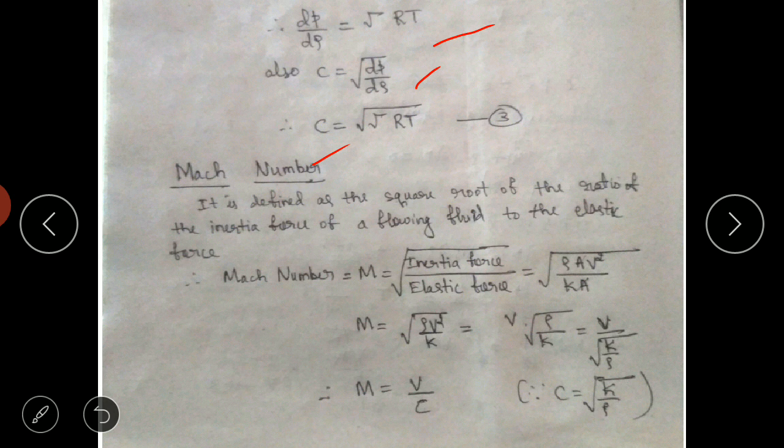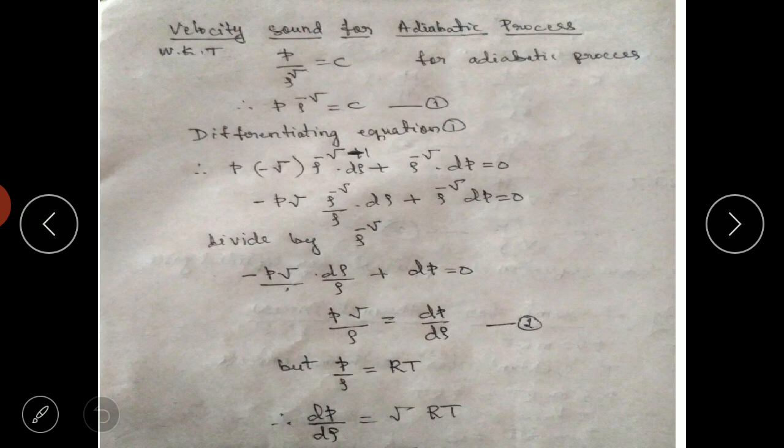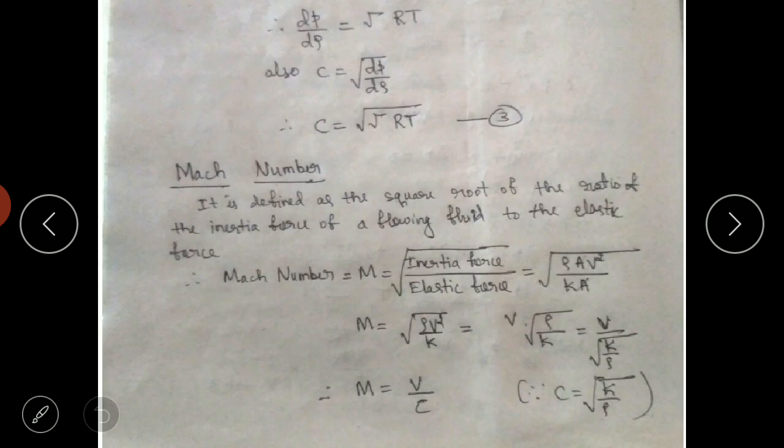Again, you can write it in terms of the modified equation. You can use the substitution, and in place of RT, you can substitute p by rho from the equation of state.